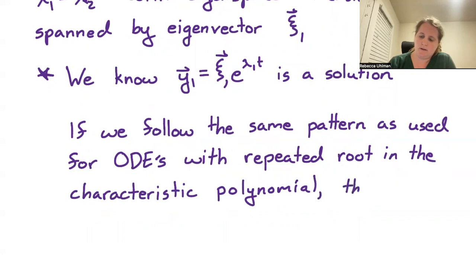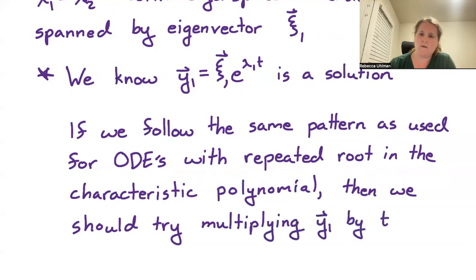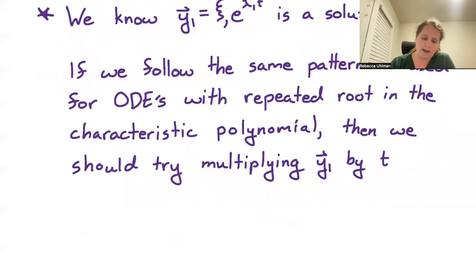So we should try multiplying y1 by t. So let's go ahead and try y equals psi1 t e to the lambda 1t.